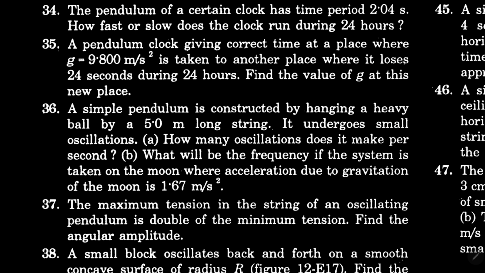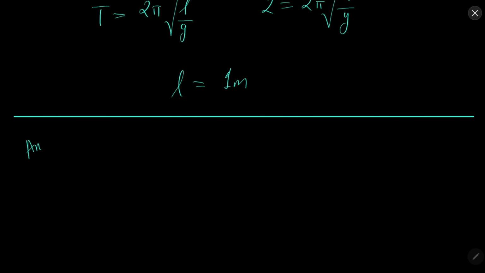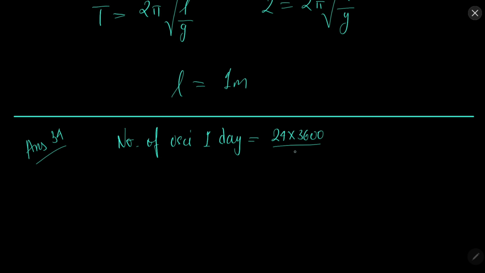In question 34, the pendulum of a certain clock has time period 2.04 seconds. How fast or slow does the clock run during 24 hours? Solution 34. So number of oscillations in one day will be 24 into 3600 over 2, 43200.